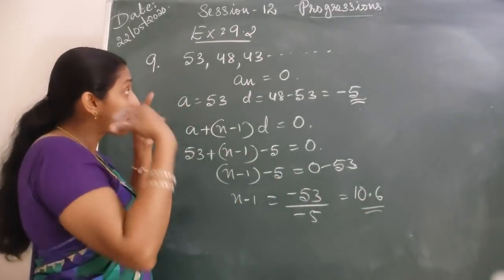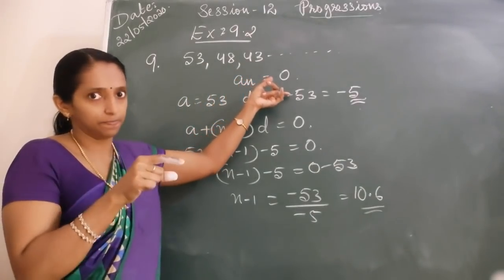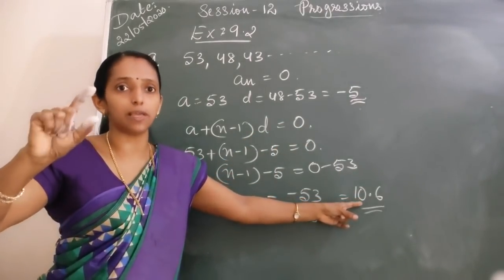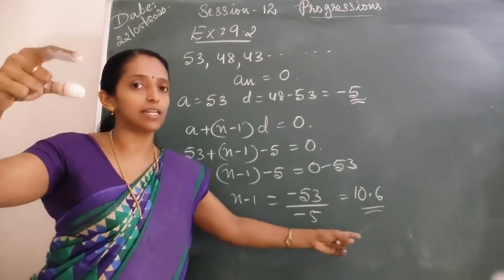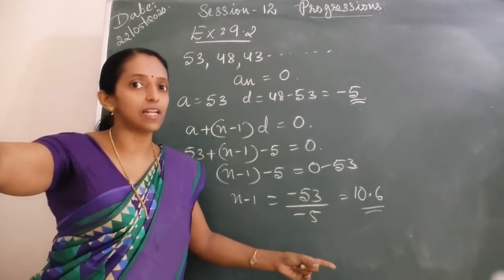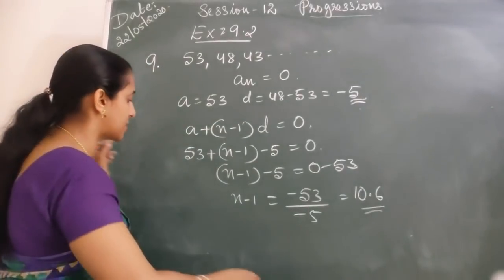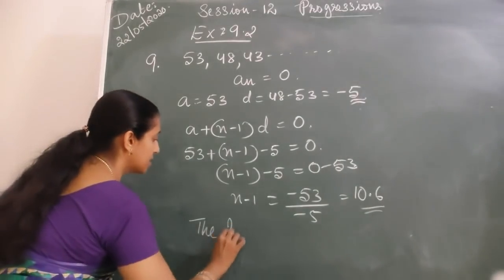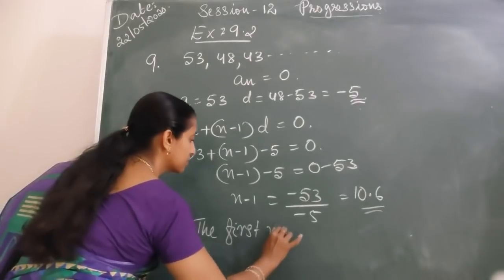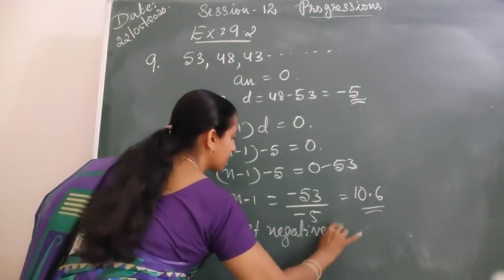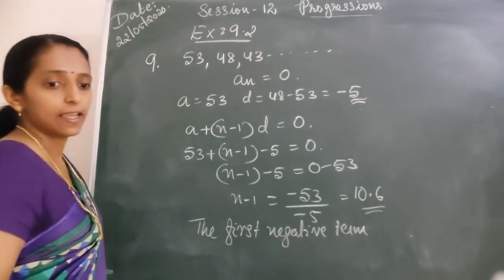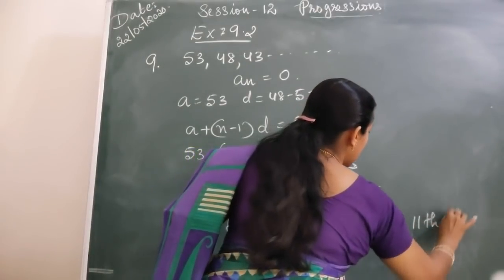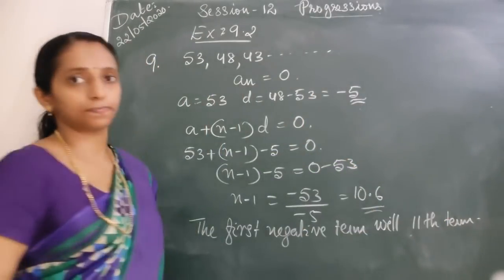Here we supposed 0 can be a term of the sequence. 0 comes in the 10.6th position, so the next term after that will be the first negative term. So the first negative term will be the 11th term.